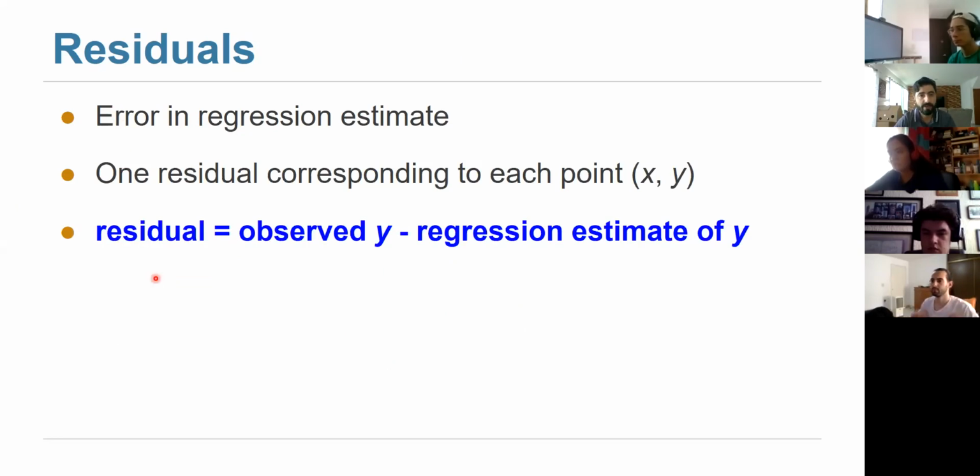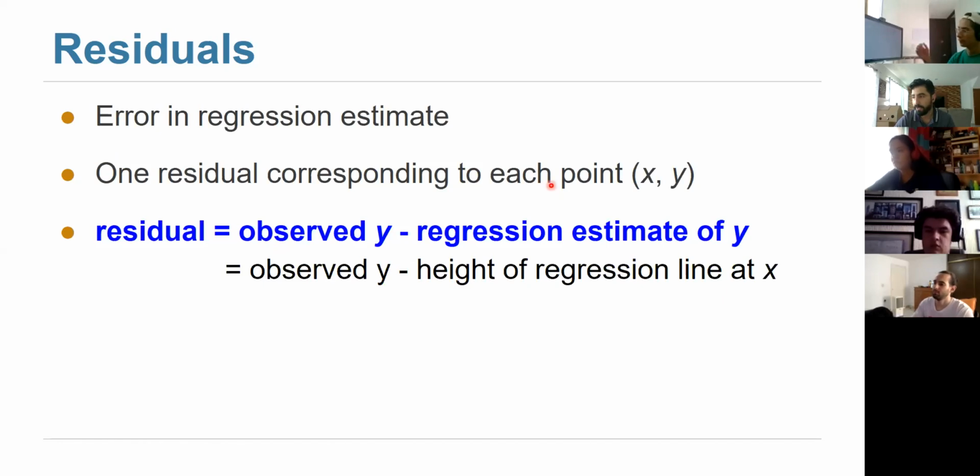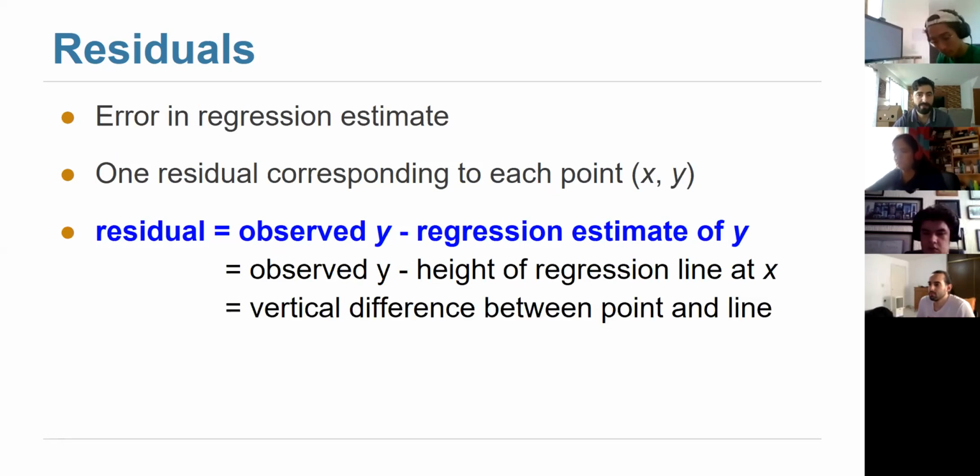Residual is observed Y minus the regression estimate of Y. Or you can see it as observed Y minus the height of the regression line at X, or the vertical difference between the point and the line. These are all the same things.